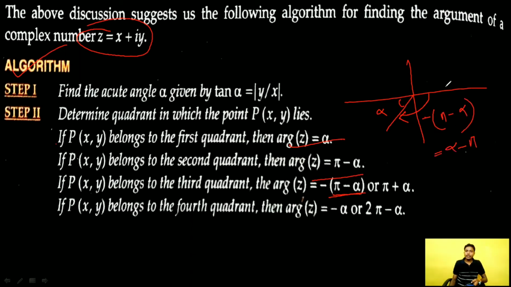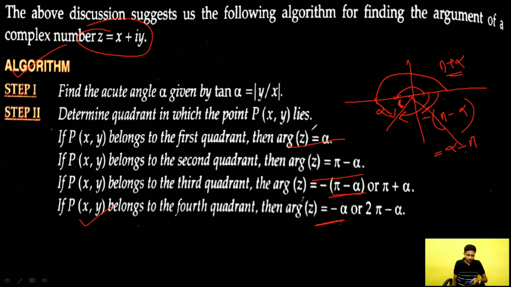You can also find the angle in the anti-clockwise direction. Up to here is pi and this angle is alpha, that means pi plus alpha. Clear? For the fourth quadrant, similarly, the argument of z is equal to minus alpha, or 2 pi minus alpha. 2 pi minus alpha means this angle. Clear? For the fourth quadrant.